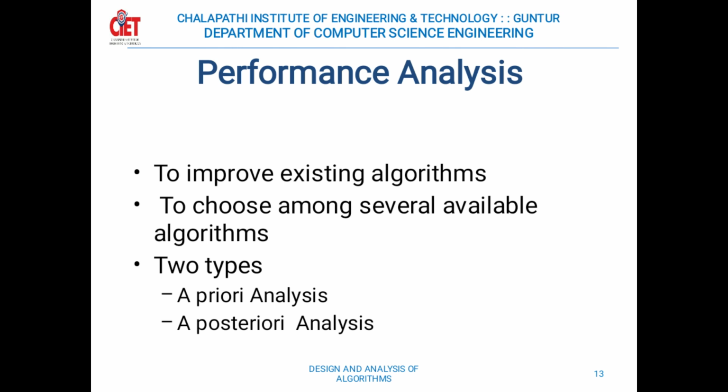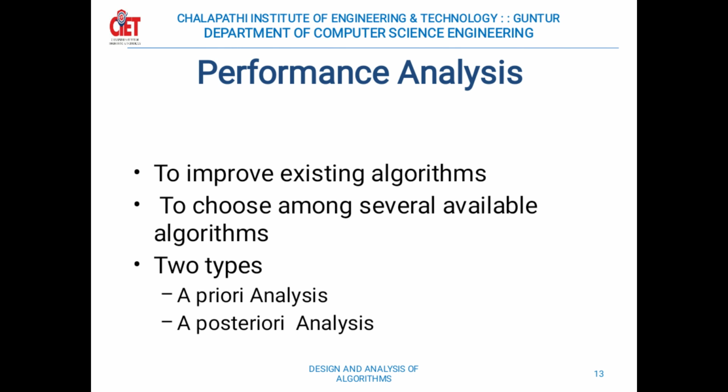It is also called performance estimation. Post analysis, as the name implies, is performed after the algorithm is implemented in any programming language. It is also called performance measurement or performance testing. Generally, we perform prior analysis only.